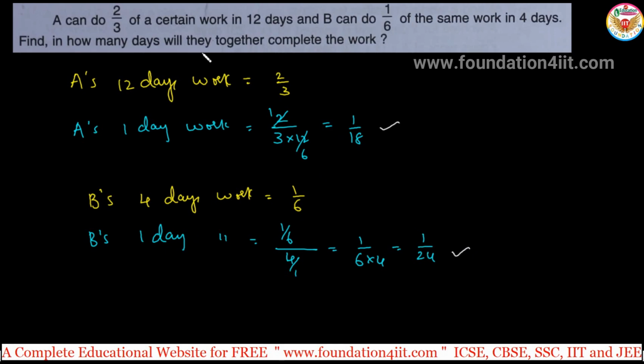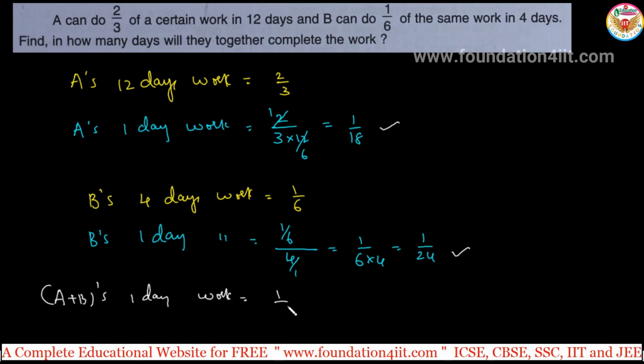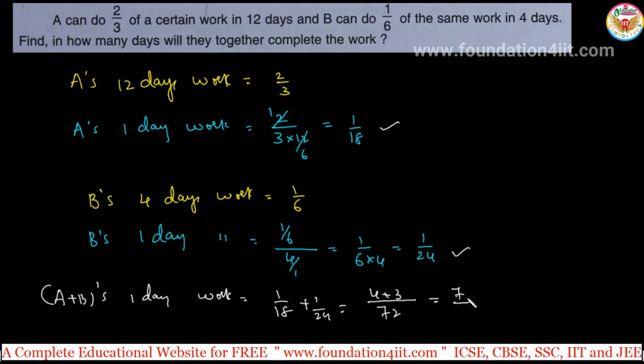Now how many days will they take together to complete the work? Let us find how much they can do together in 1 day. So A plus B's 1 day work is 1 by 18 plus 1 by 24. This is simplified: 72 is the LCM, 4 plus 3, 7 by 72. 7 by 72 is the 1 day's work. Then A and B together can complete it in the reciprocal of this.